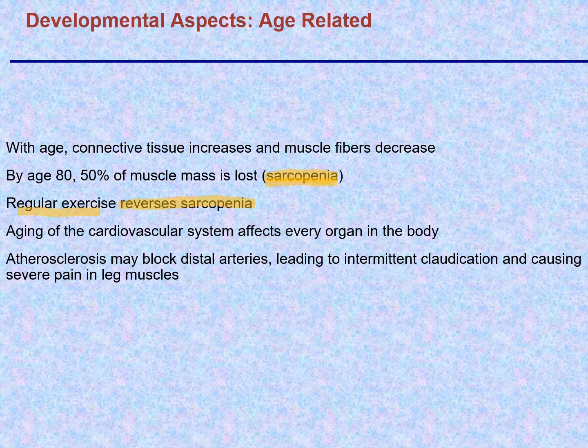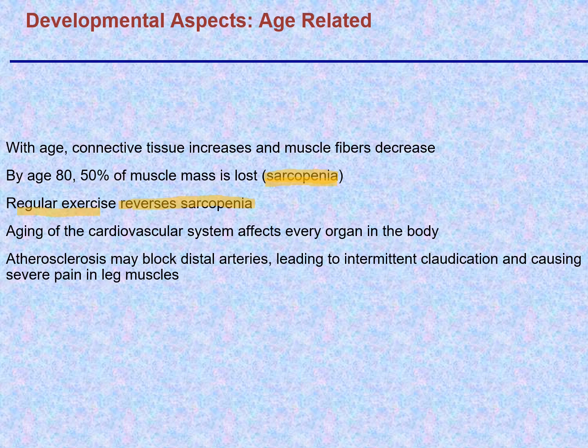There's also aging of the cardiovascular system, and that'll affect every organ because, with decreased efficiency of delivery of oxygen by blood, you will have an effect on all the organs, on all the tissues supplied by that cardiovascular system.